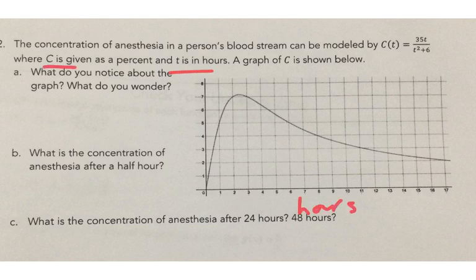And this is the percent of concentration of anesthesia. I don't even know how to label that. But that's the percent of anesthesia in their bloodstream. So their bloodstream contains upwards of 7% of anesthesia, and then it slowly tapers off.